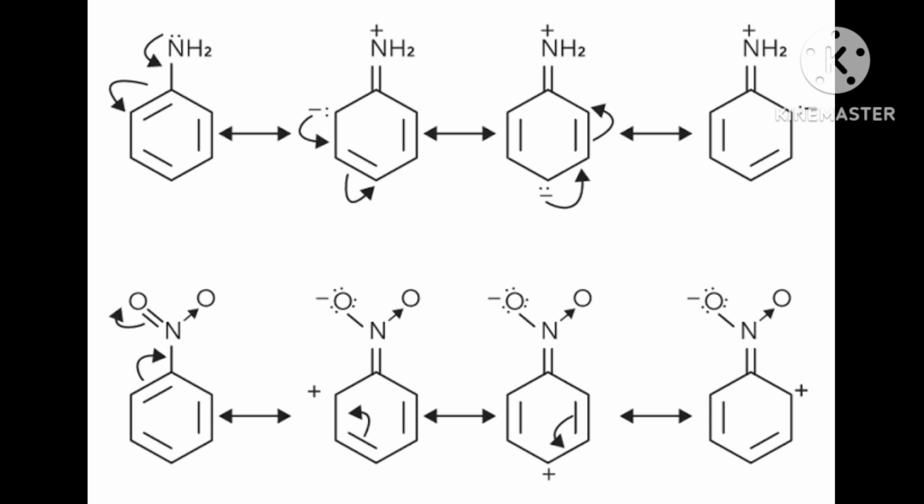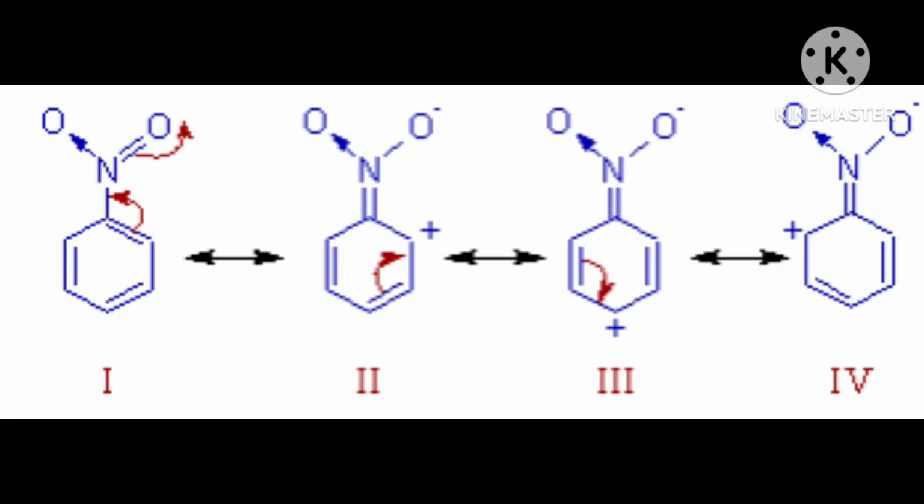Here the substituent group will lack electrons. This substituent group lacks electrons, it wants electrons. Hence it will try to take electrons from the benzene ring. From the benzene ring it will try to withdraw or take the electrons.